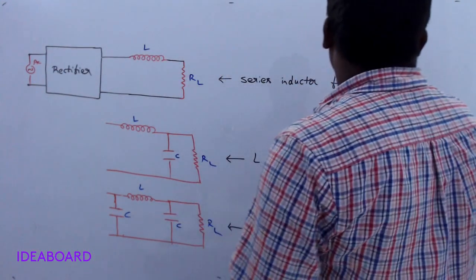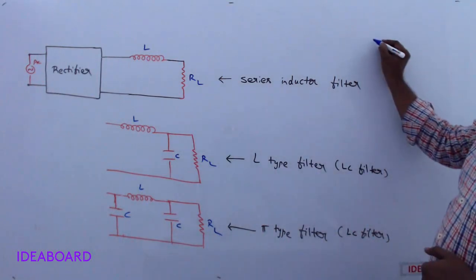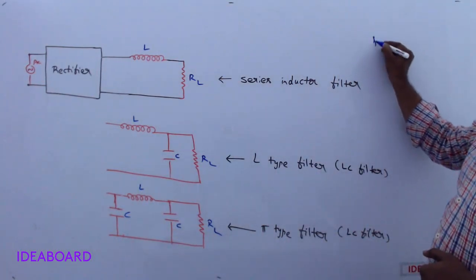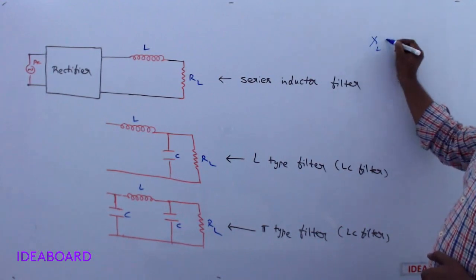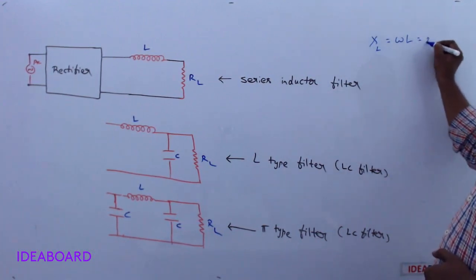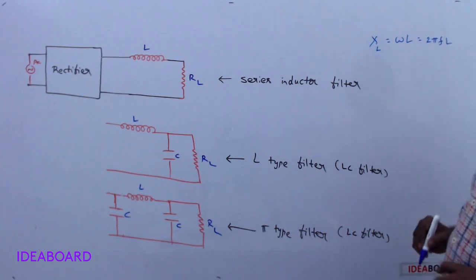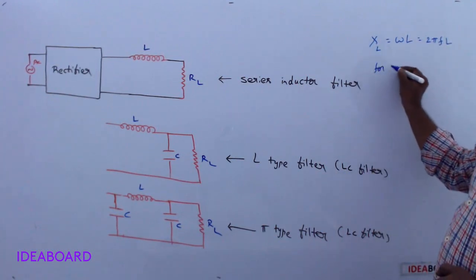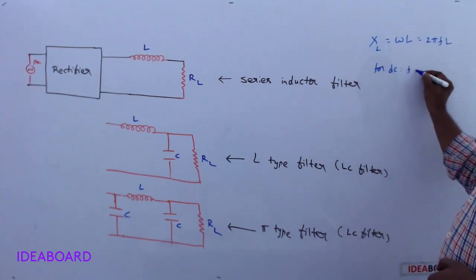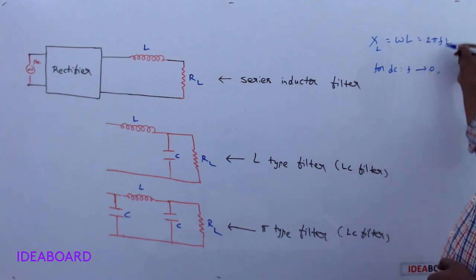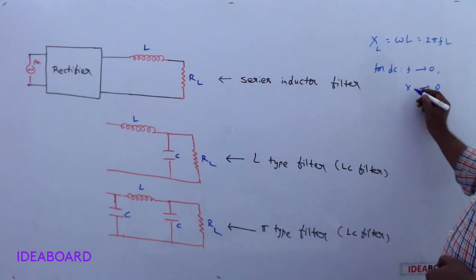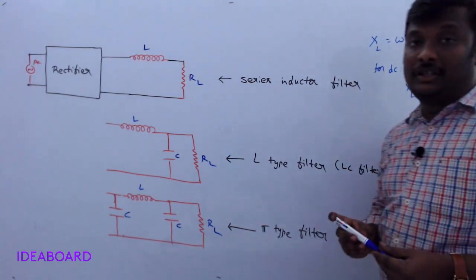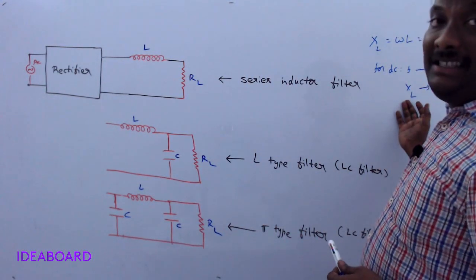The inductor offers some reactance called XL. The XL formula is omega L, that is 2 pi fL. For DC, f is nearly 0. If f is 0, XL is nearly 0.